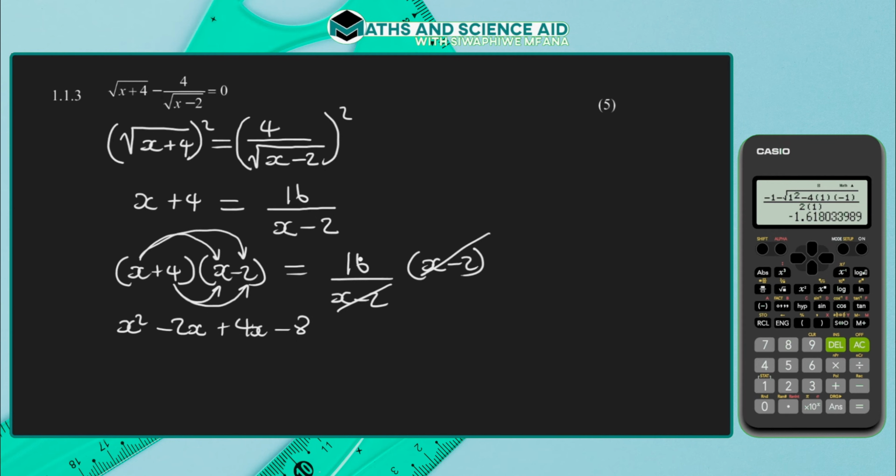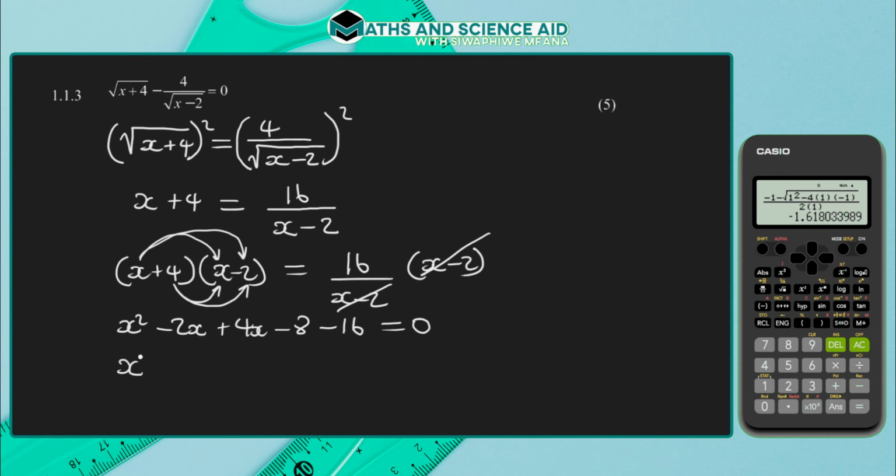And now here we are only going to be left with 16, so we might as well transpose it to the left hand side. It's positive 16 here, so it will be negative 16, equal to 0. Because we can see already that this is just a quadratic equation, we need to write it in the standard form in order to solve for x. And now we can just add up all the like terms.